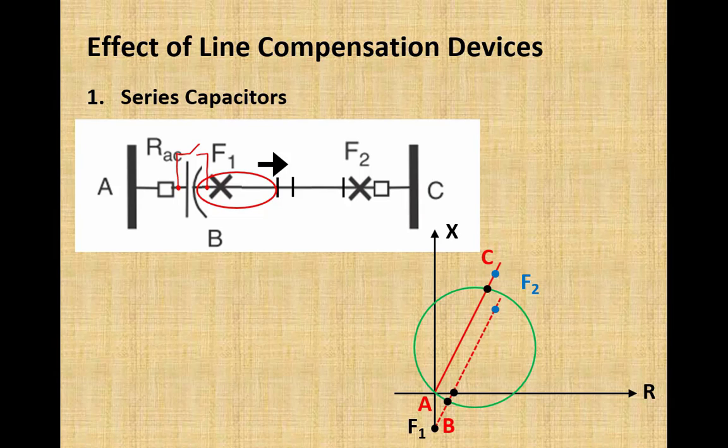Once the capacitor is out of service or bypassed, this fault F1 will immediately move inside the operating region of relay RAC, and then relay RAC will detect it and open the respective circuit breaker to isolate the fault. So although fault clearance has been slightly delayed, it would be cleared in this sequence. First, the capacitor will be isolated, bypassed, and then the circuit breaker will be operated by relay RAC to clear the fault. So that is the solution of this problem.